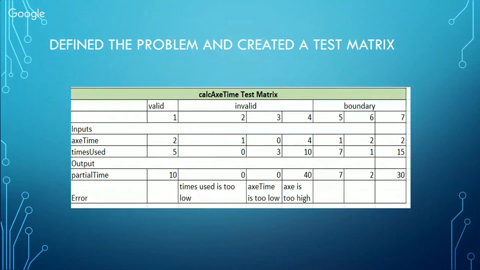In my video game, we needed to create a function to build the ship and calculate the building time, since the time is measured, and every tool like the axe, the hammer, and the saw has a different building time capacity. We created three test matrices, one for each tool, and this is the one to calculate the axe time.